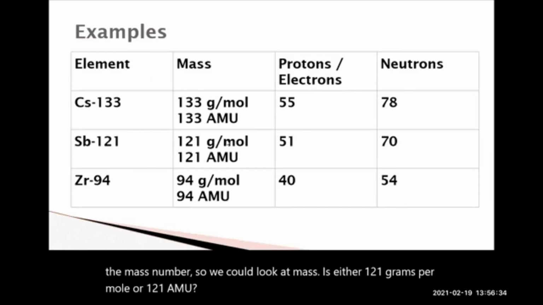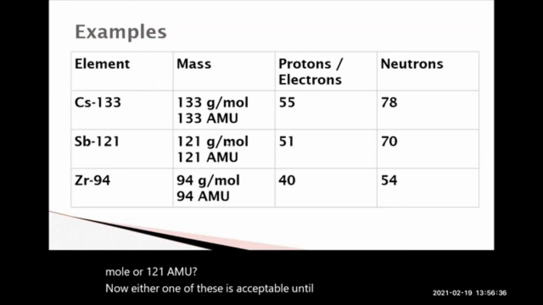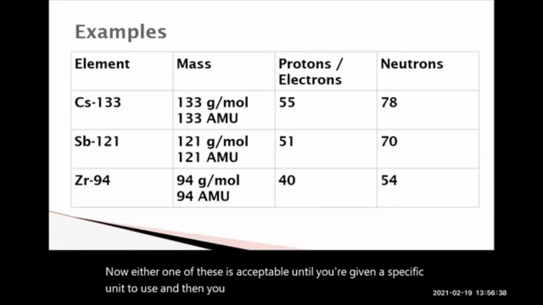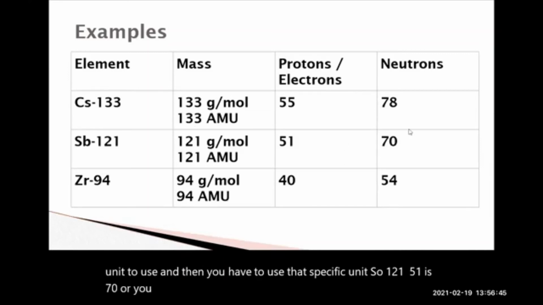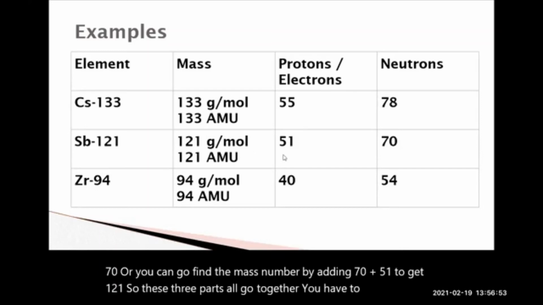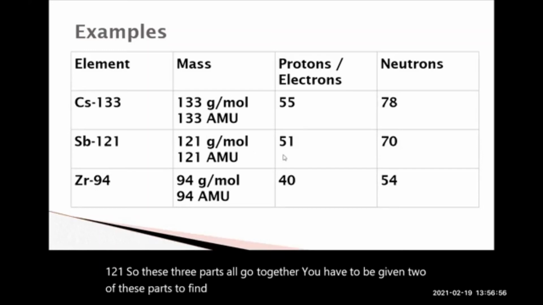Either one of these is acceptable until you're given a specific unit to use, and then you do have to use that specific unit. So 121 minus 51 is 70, or you can find the mass number by adding 70 plus 51 to get 121. So these three parts all go together. You always have to be given two of these parts to find the third.